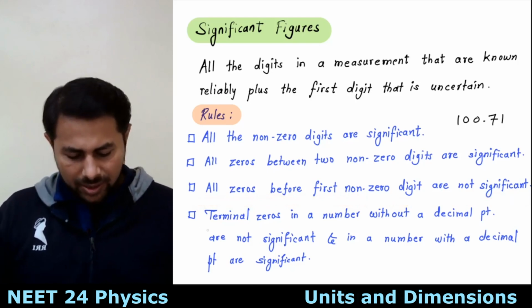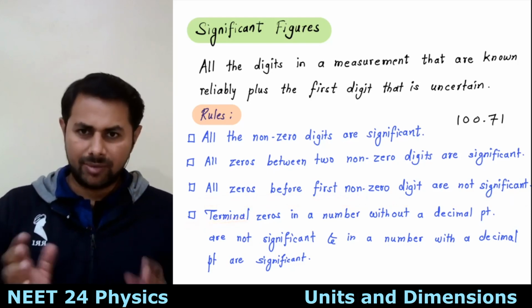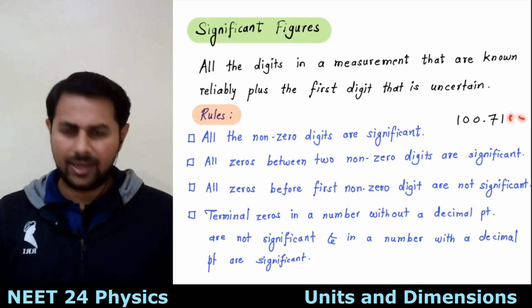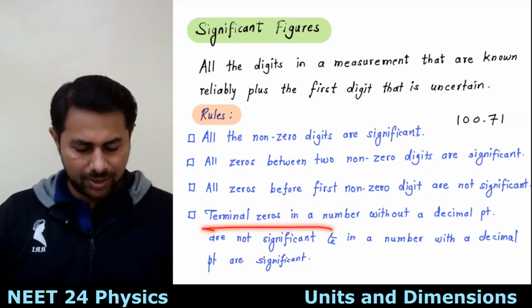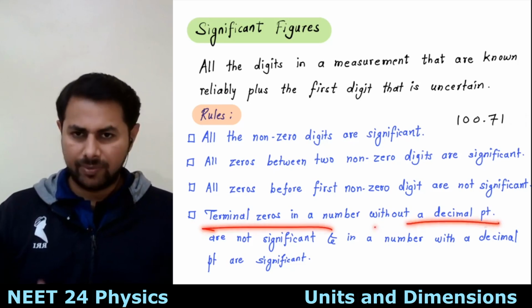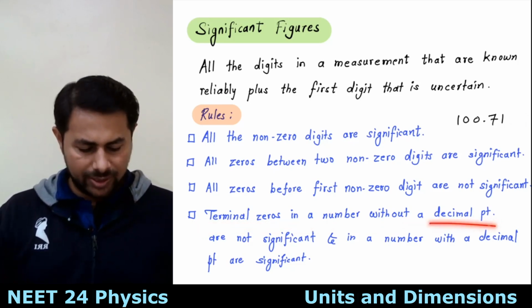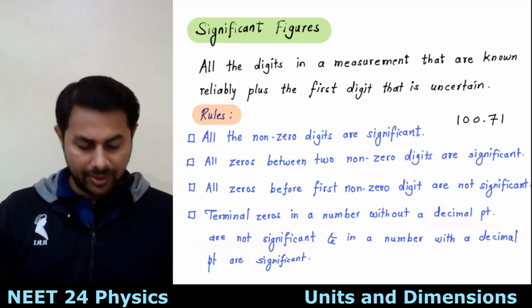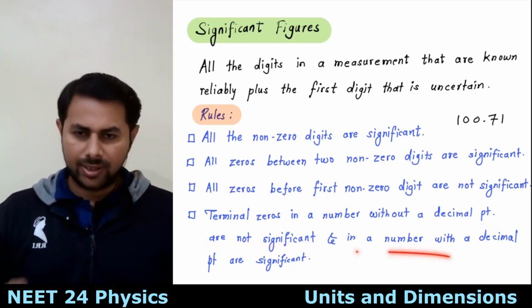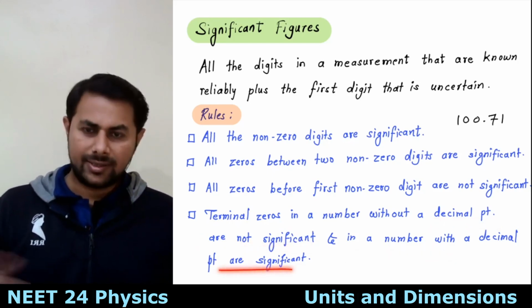Then there is a rule regarding terminal zeros. Terminal means if you write zeros at the end. So terminal zeros in a number without a decimal point, this is important, are not significant, but terminal zeros in a number with a decimal point are significant.